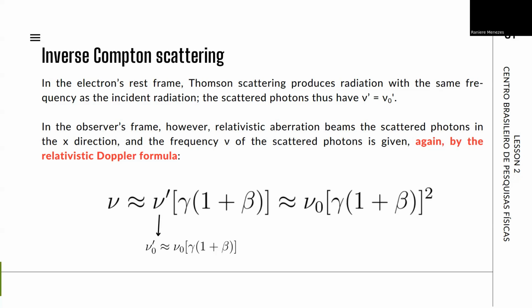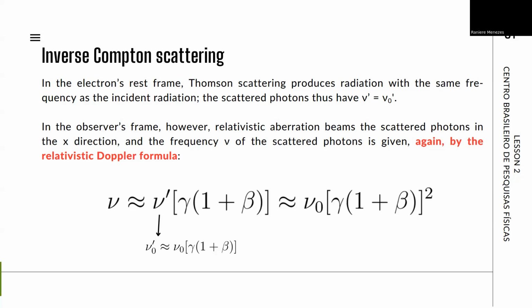So, summarizing, this isotropic field of photons in my frame, the observer's frame, will arrive basically only in one direction in the frame of the electron, and it will arrive there with a much higher frequency, due to the Doppler effect. There, in the frame of the electron, it will be Thomson scattered.